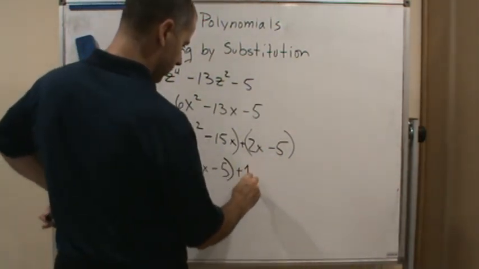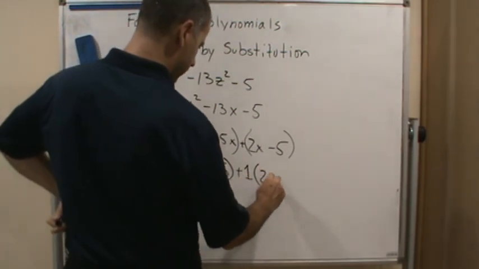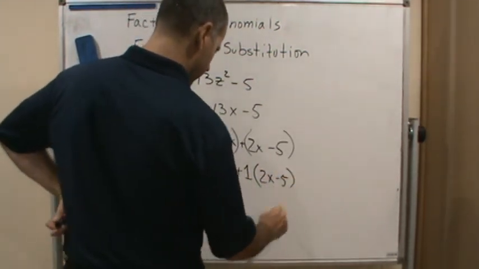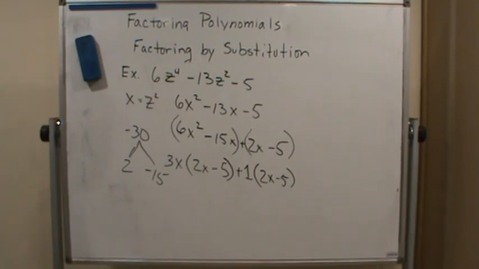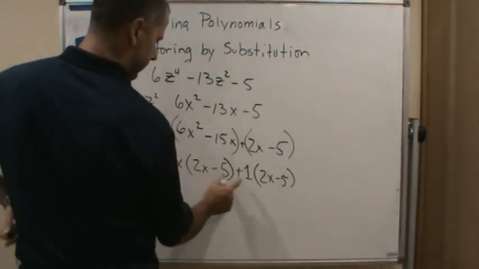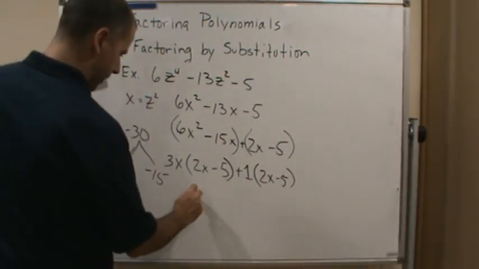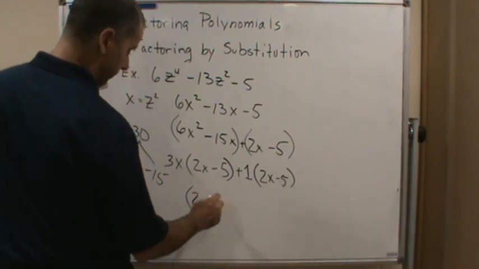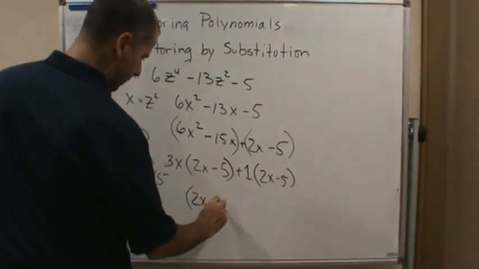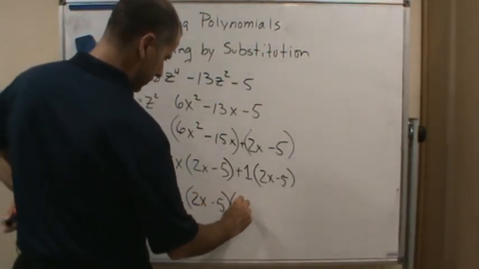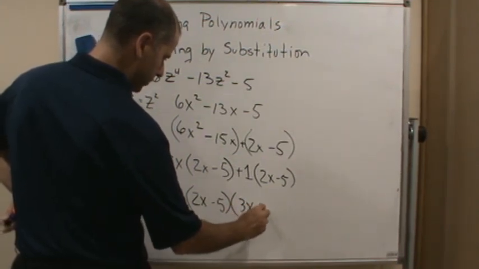So let's just put a little 1 out here, so we can see it better. And so now I've got a common factor, and my answer is going to be, well, not my final answer, but 2x minus 5 times 3x plus 1.